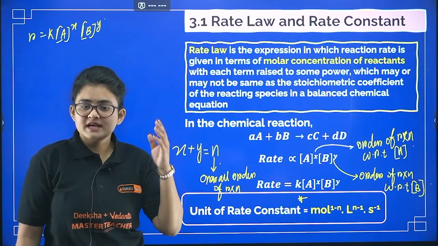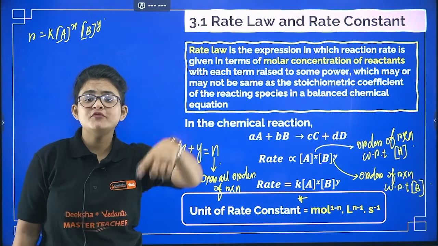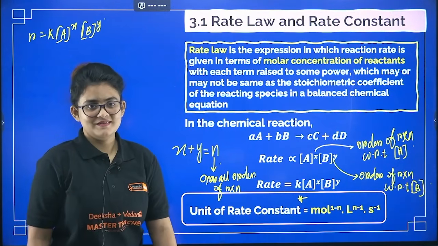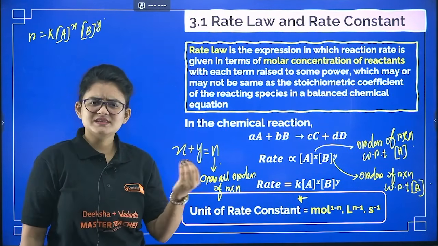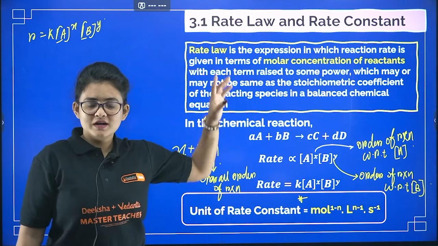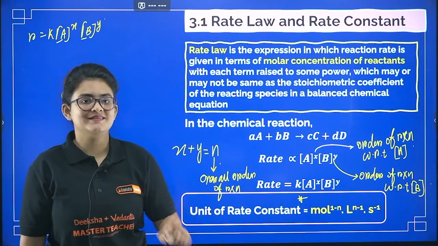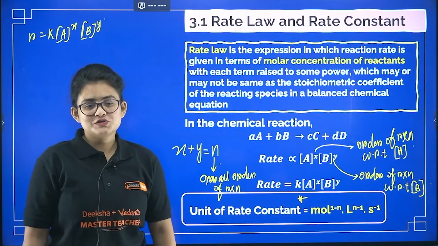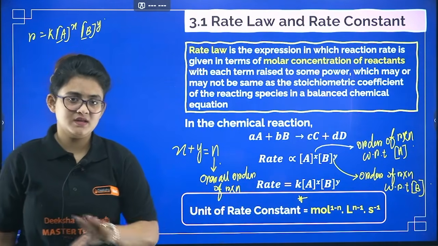It can be positive, negative, zero, or fractional, my dear. So the order of a reaction can be anything because it's experimental. It has no relation with a balanced reaction if it's not elementary, right? So the order of a reaction in general can be anything.